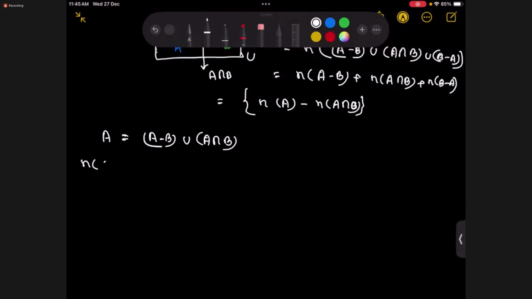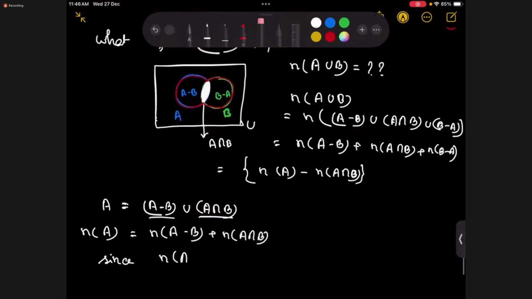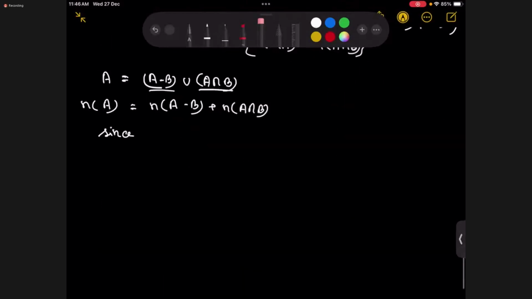Now what about the cardinality of A? This equals the cardinality of A minus B plus the cardinality of A intersection B. Why is this? Because these two sets are mutually disjoint. That is, the intersection of A minus B and A intersection B is empty.